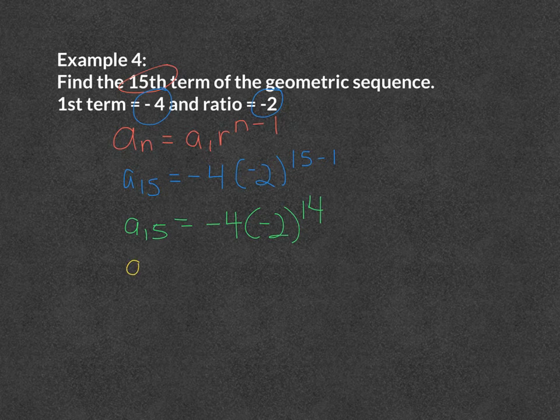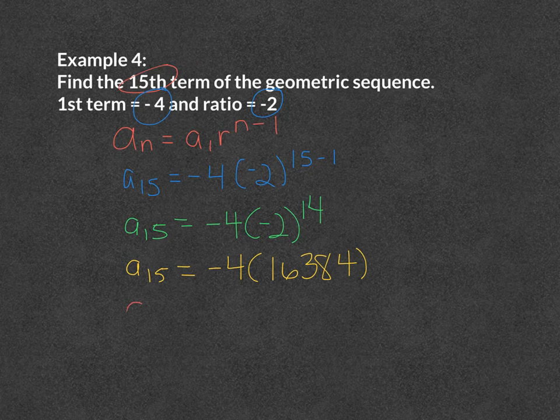I'm going to bring down a sub 15 equals negative 4 times negative 2, and then 15 minus 1 is 14. I'm going to bring down a sub 15 equals negative 4 times, and then negative 2 raised to the power of 14 means it's negative 2 times negative 2 times negative 2, 14 times. That's going to give me 16,384.